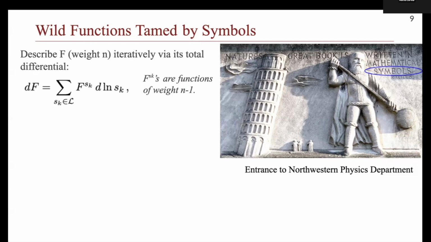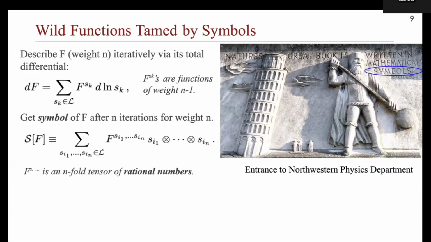For example, if you take one total differential of this function F of weight n, you will get an expression like this, where each F_k is a function of weight one lower. If you iterate this process n times, you will get the symbol of the function. In this case, it will be an n-fold tensor of rational numbers only.